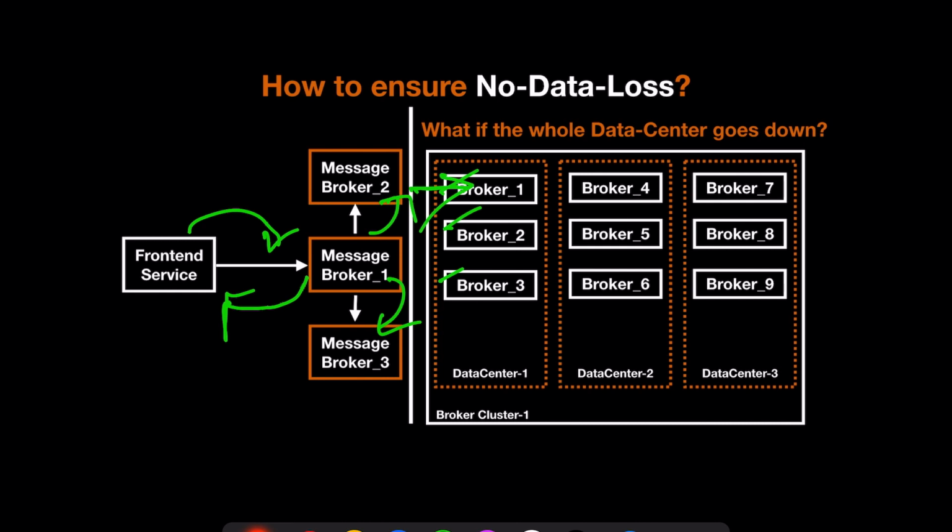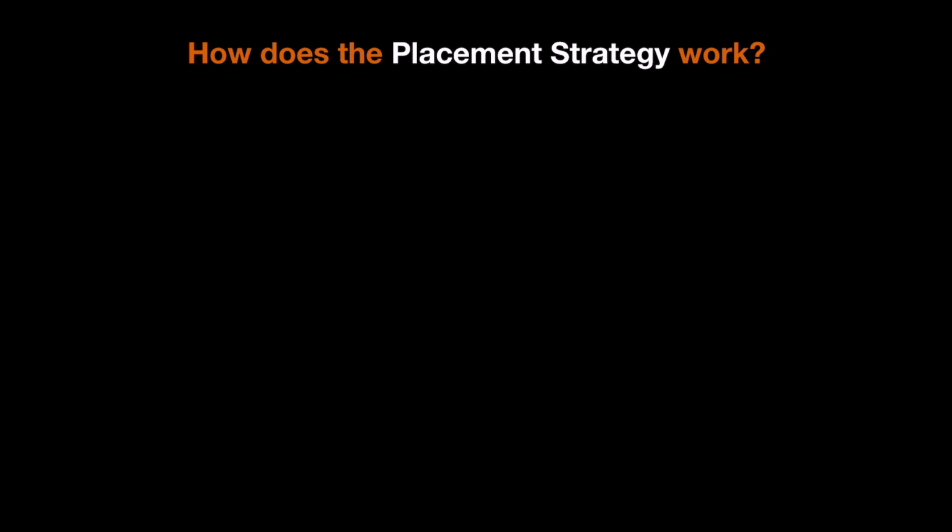For broker 1, we will store the first backup copy in broker 4 in data center 2, and another copy will go to broker 9, which is in data center 3. This way we can achieve high availability. Even if one or two data centers go down totally, we still have backup data in another data center.